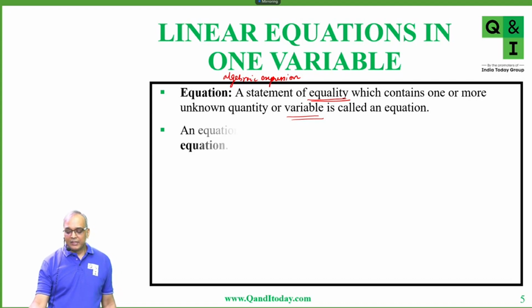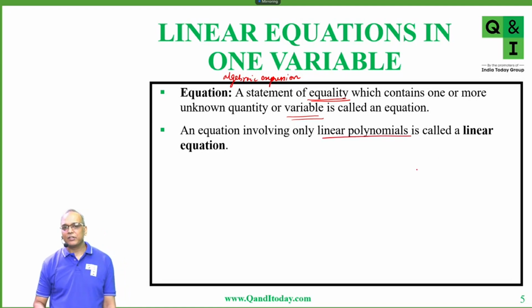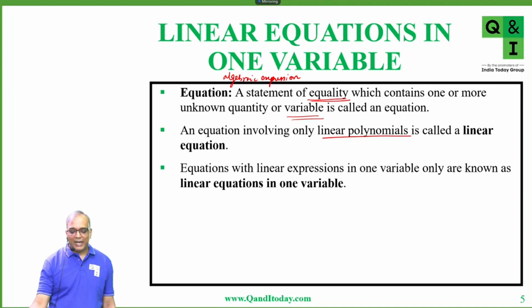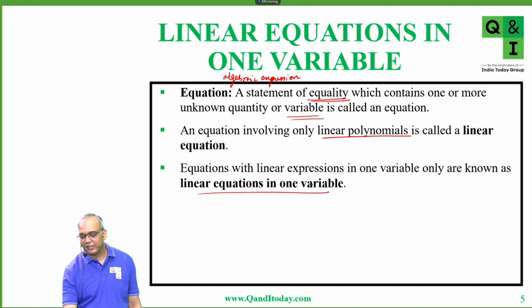Now an equation involving only linear polynomials is called a linear equation. If the degree of the polynomial is 1, we say that this is a linear equation. And an equation with a linear expression in one variable only is known as a linear equation in one variable. So first of all, an equation.